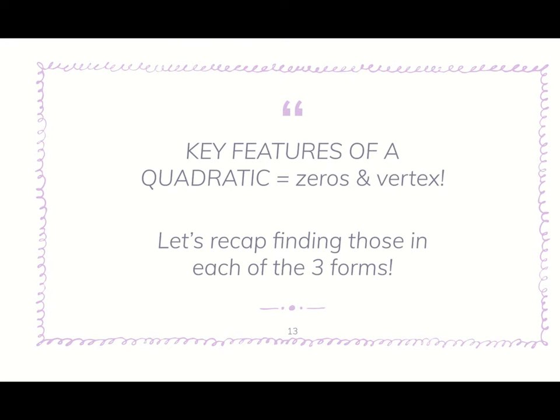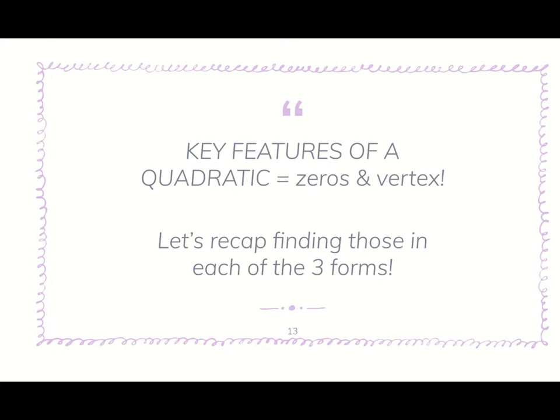So now we've looked at each of the forms. We're hopefully pretty confident in identifying what form it is. What we want to also be able to do is find the most important things about each parabola, no matter what form it's in. The major key features of a quadratic are the zeros and the vertex, solving for x and finding its max or min.